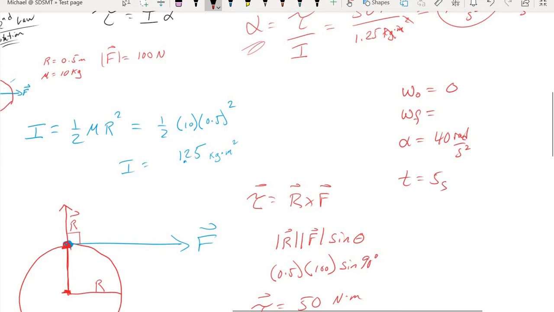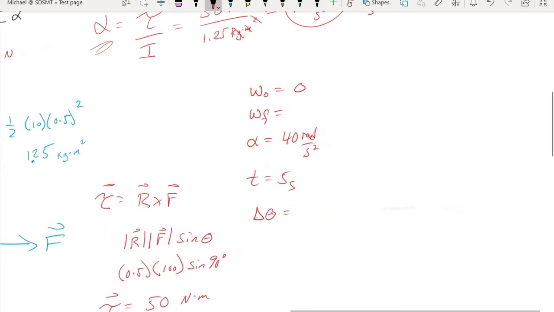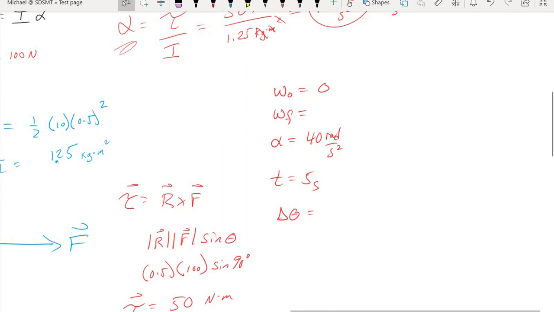So now we're right back to an angular kinematic equation. Not only that, how much of an angular displacement have we gone through? So first things first, we'll go with the final angular velocity.